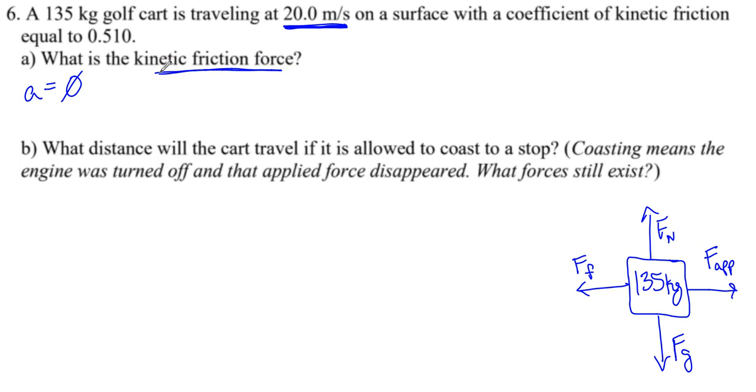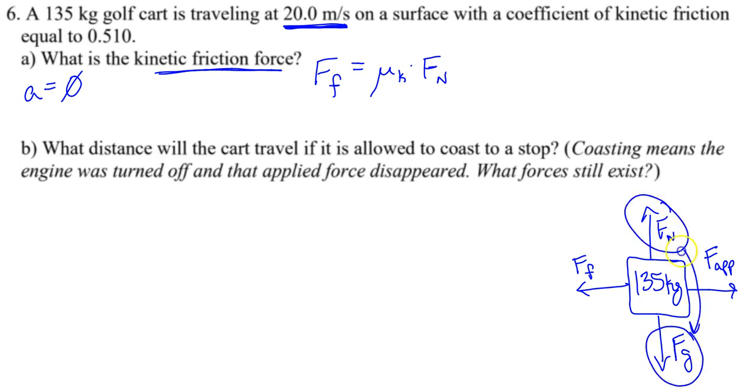So the force of friction is equal to the coefficient of kinetic friction times the normal force. Okay, so we can figure out the normal force. Remember, the normal force and the force of gravity are equal in opposite directions of each other.